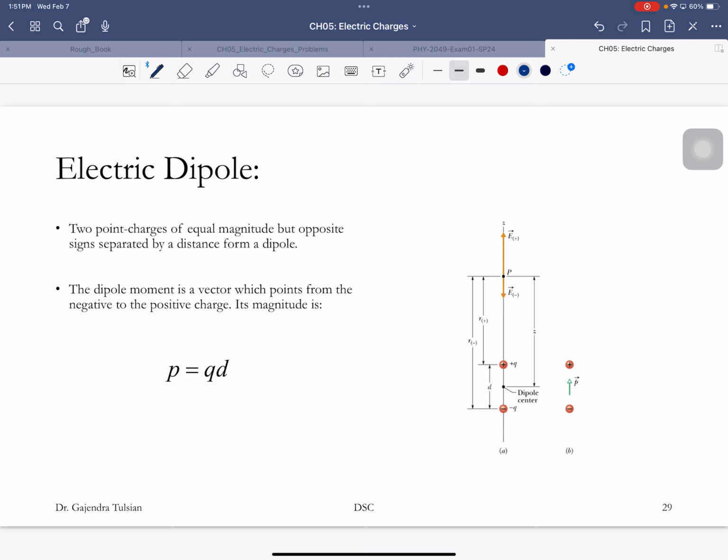All right. So we mentioned an electric dipole. What is an electric dipole? It's two equal and opposite charges separated by a distance. What is the dipole moment of atoms? It's zero. Right. So the center of positive charge is right on top of the center of negative charge for all atoms.